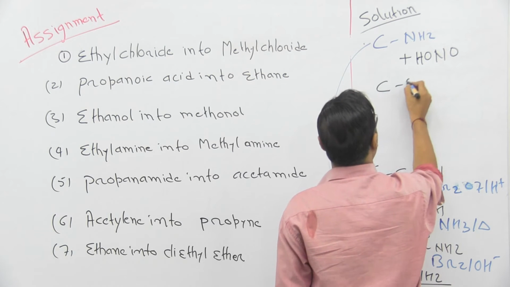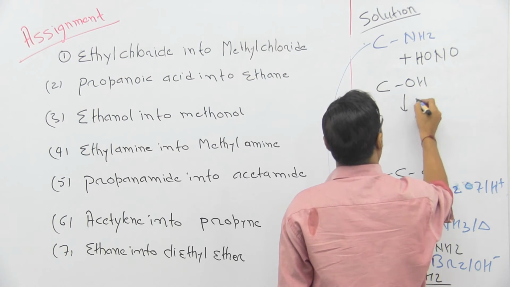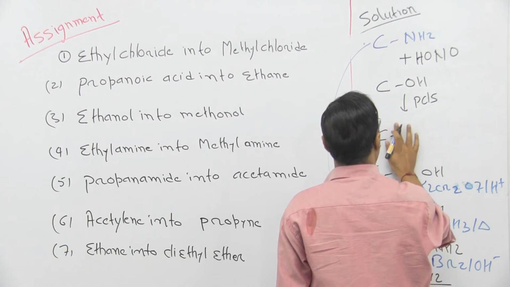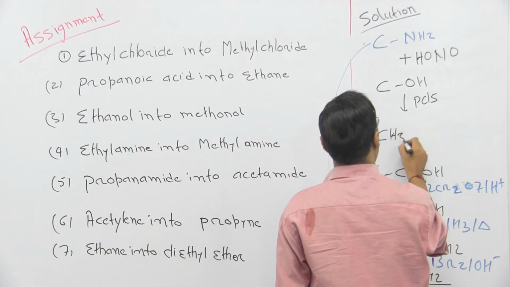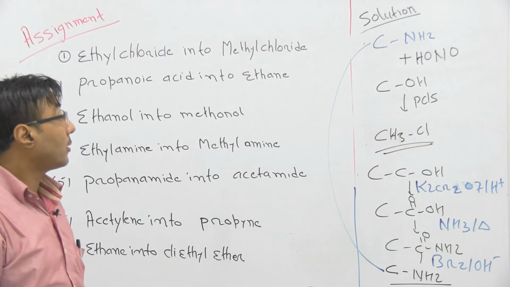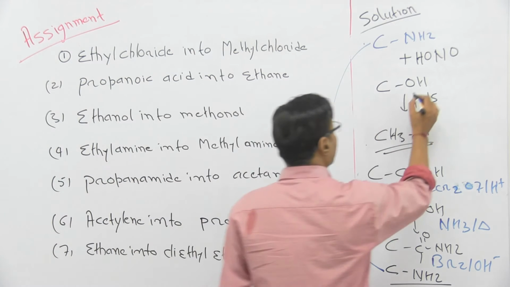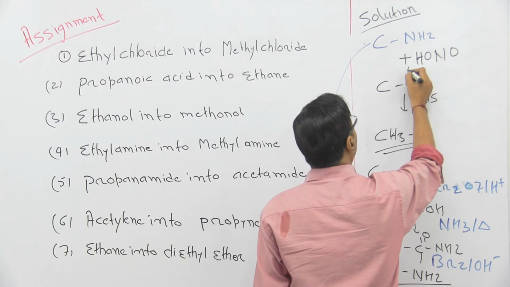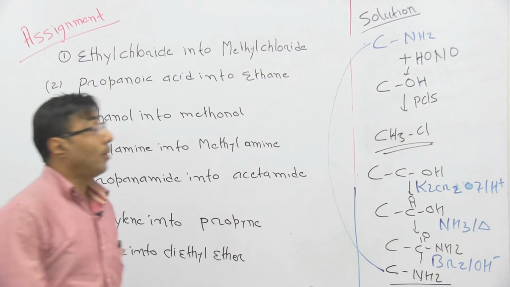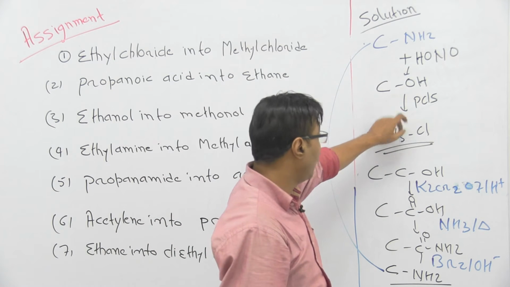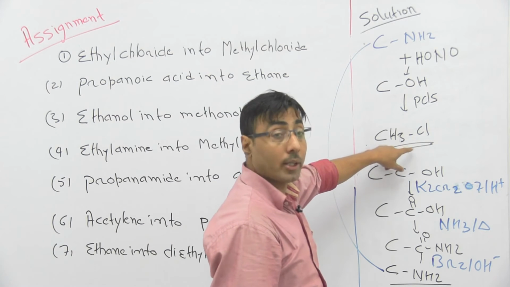So it will be COH plus PCl5. It will be CCl, CH3Cl. The route may be longer, but the answer is the same. By using nitrous acid, what we get is the alcohol. By using PCl5, what we get is the methyl chloride.